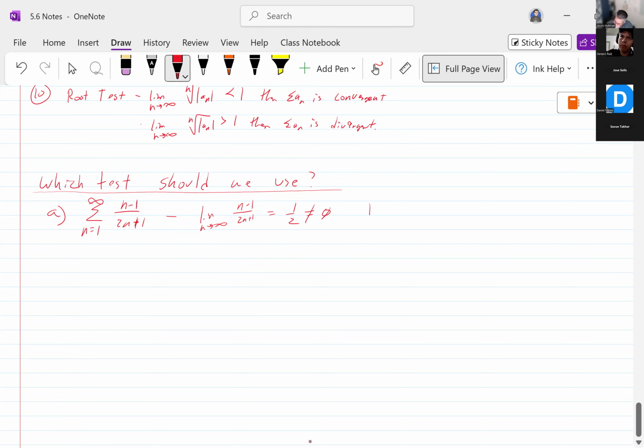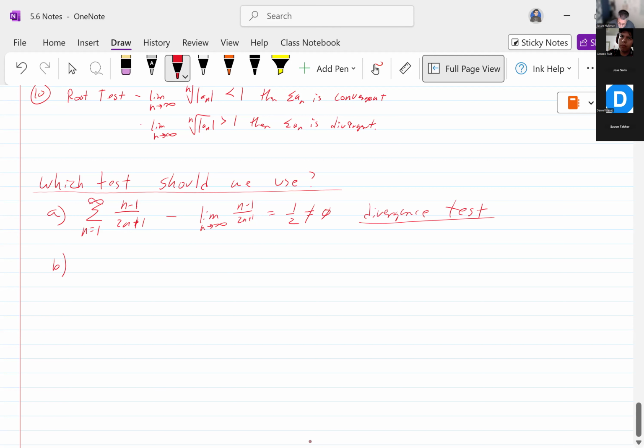It diverges by the divergence test. Okay, does that make sense? So I would have used the divergence test on this. Just take the limit of that thing, and if it doesn't go to 0, then it's not going to converge.